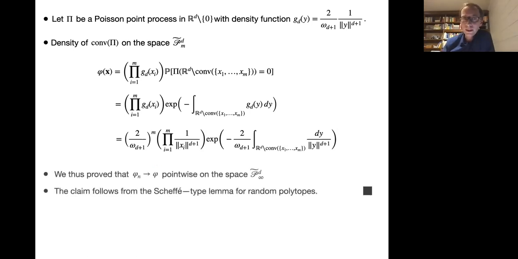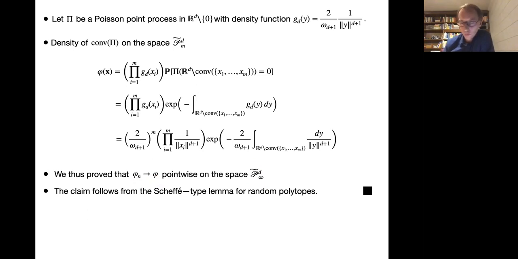And now we have proved that these densities converge pointwise, and we can apply our Chebyshev type lemma to conclude weak convergence of the random polytopes on this fancy space, which implies weak convergence of the random polytopes with respect to Hausdorff distance.